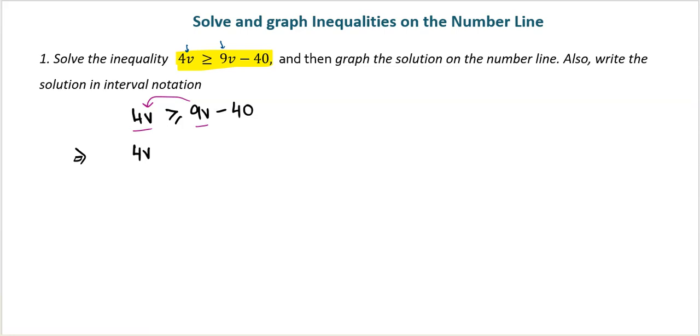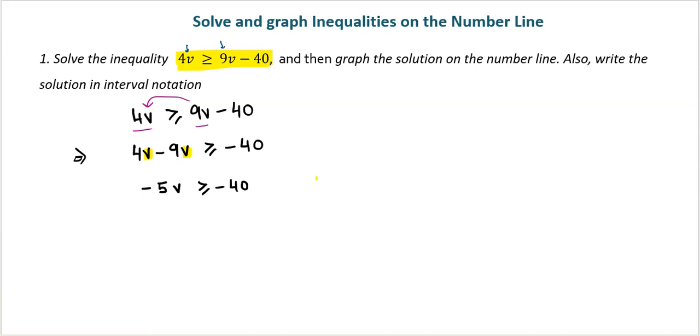Since 9v is positive, when we move it to the left side, it becomes minus 9v greater than or equal to minus 40. Now simplify this. Since both the terms contain v, we subtract 4 minus 9. This gives you minus 5v greater than or equal to minus 40.